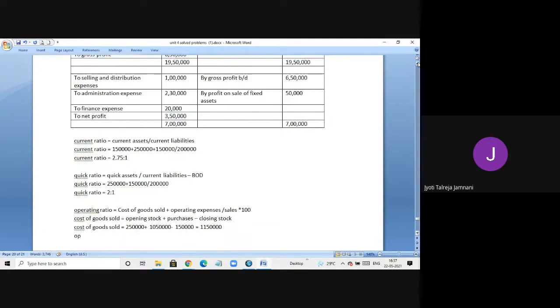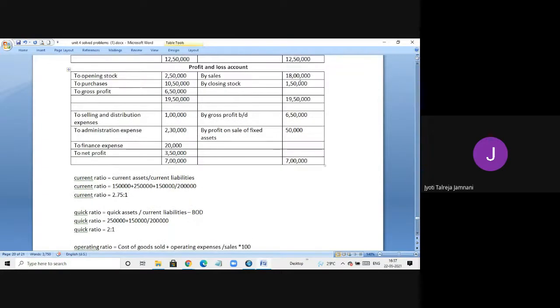So operating ratio equals cost of goods sold, 11,50,000, plus other operating expenses, which is selling and distribution expense 1 lakh and administrative expense 2,30,000. Remember, we never take the finance expense. What all else is given, we can take, divided by sales. The value of sales, 18 lakh, is what is given in the question here.